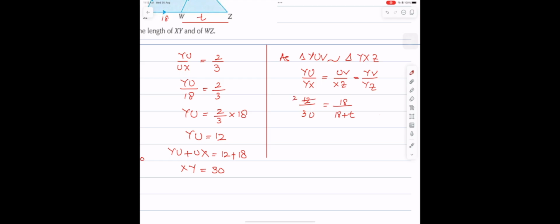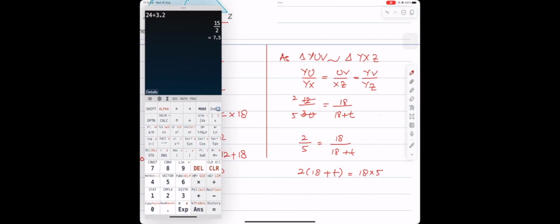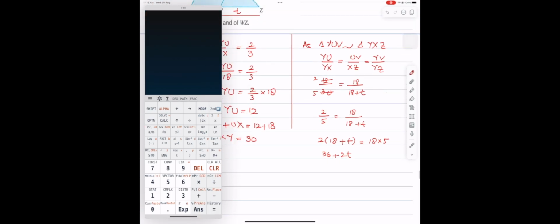So it will be 2 over 5. Now if you do cross multiplication, it is 2 times (18 plus t) equals 5 times 18. This is 36 plus 2t, which is equal to 90. 18 times 5 is 90.